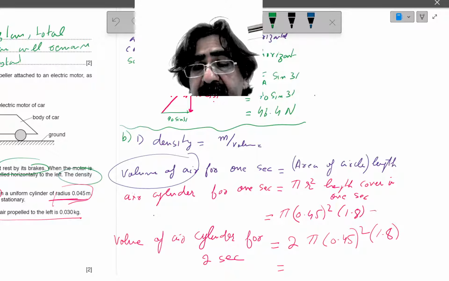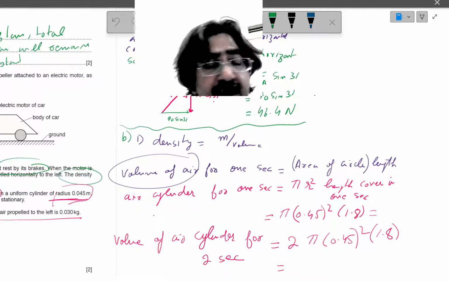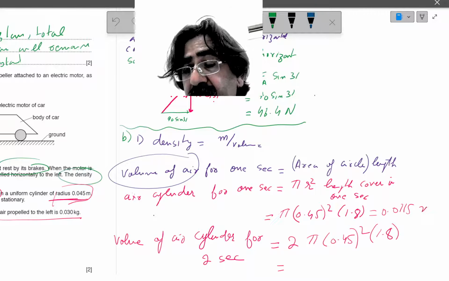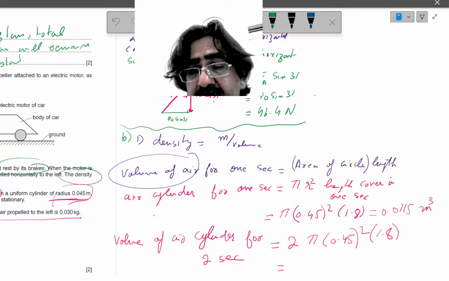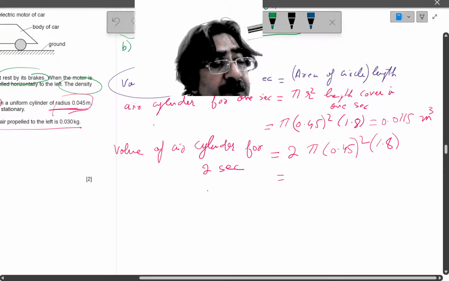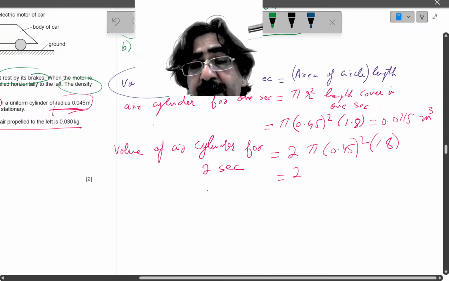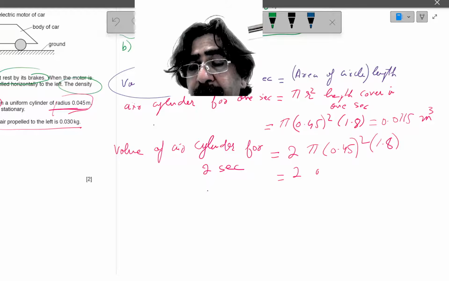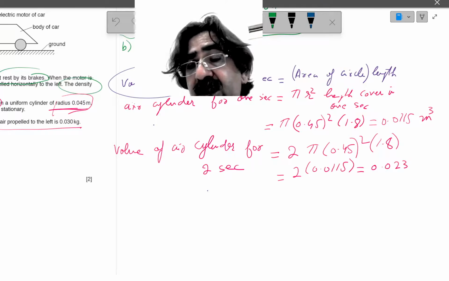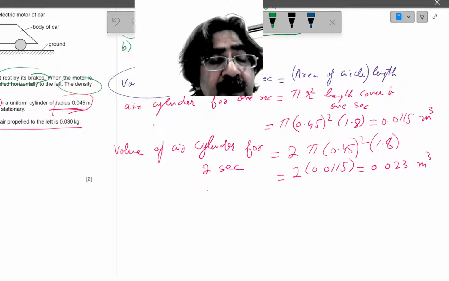when we multiply that, after calculating, this will be equal to 0.0115 meter cube. So from this, when we multiply with the 2, 2 multiplied by 0.0115, that will be equal to 0.023 m cube.